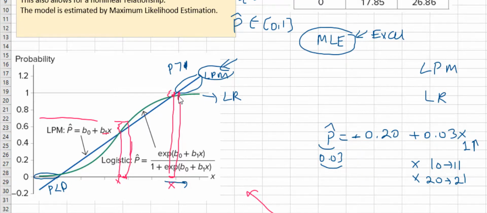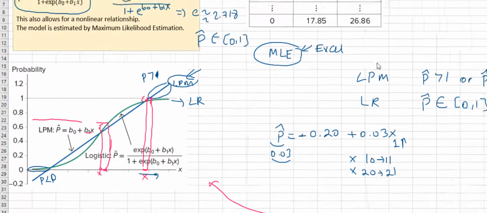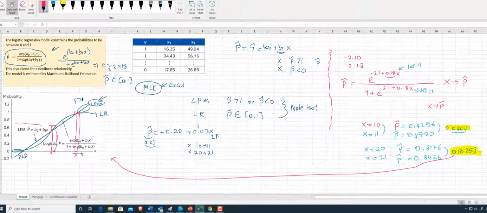So the changes are not equal and the influence of x is decreasing when x is large. And now in the next video, we are going to learn how to apply logistic regression once we have the data using Analytic Solver.